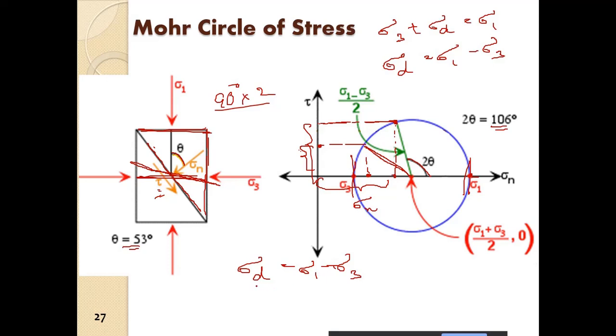You should remember this point, because it shows how the Mohr circle goes on increasing with increasing load. If you understand this equation, you have understood how the Mohr circle will go. So this sigma d is the diameter of the Mohr circle.